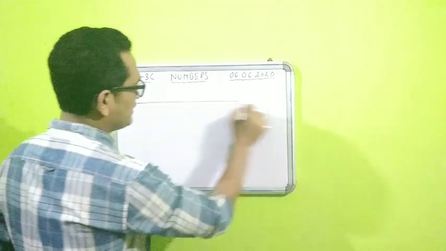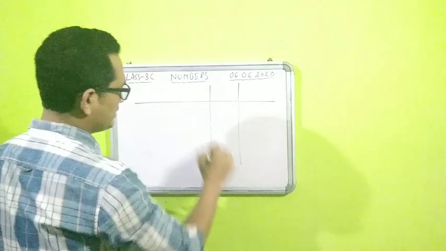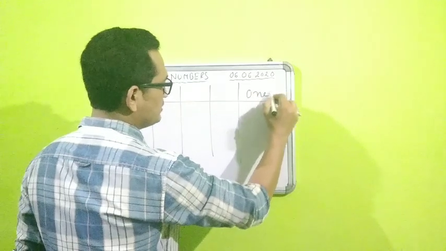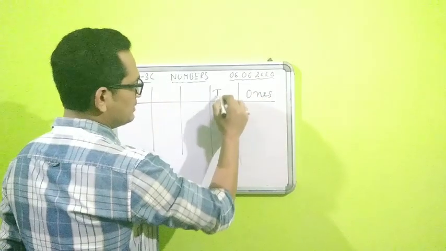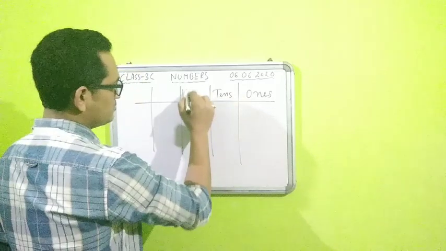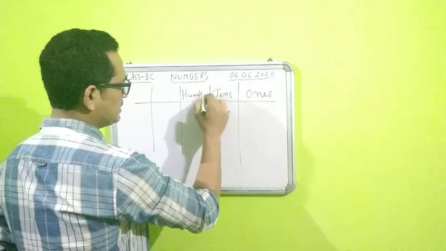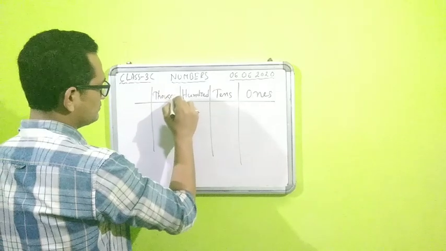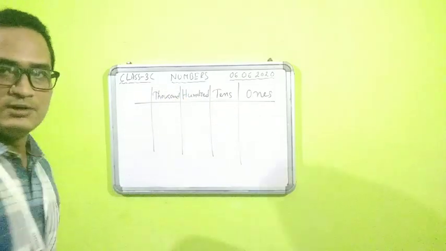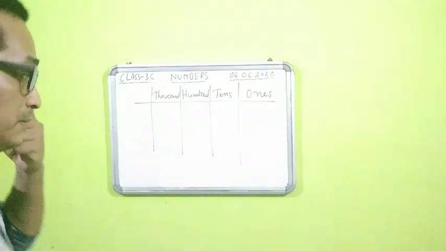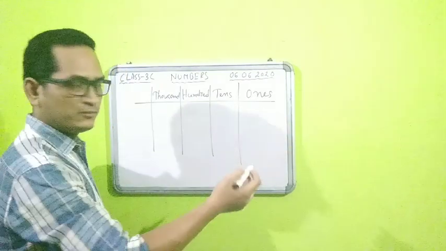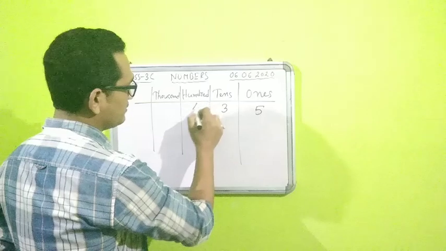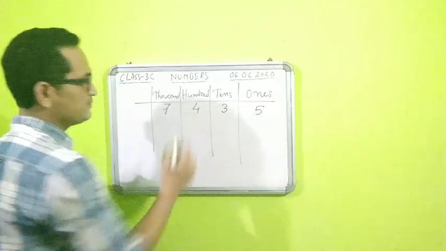That means if we make a table like this, this will be the ones place, this will be the tens place, this will be the hundreds, and this will be the thousands. Fine. So students, if I have to place some digits here, say I am placing 5, then 3, then 4, and say 7.